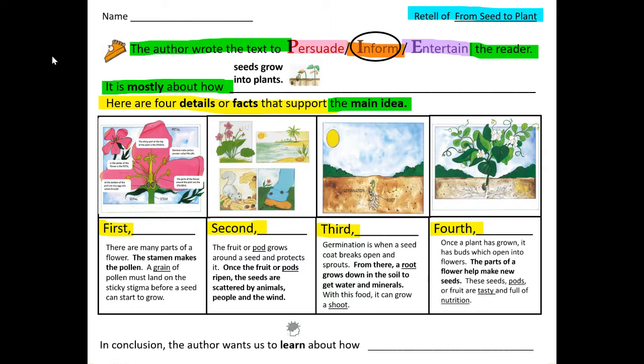Once a plant has grown, it has buds which open into flowers. The parts of a flower help make new seeds. These seeds, pods, or fruit are tasty and full of nutrition.